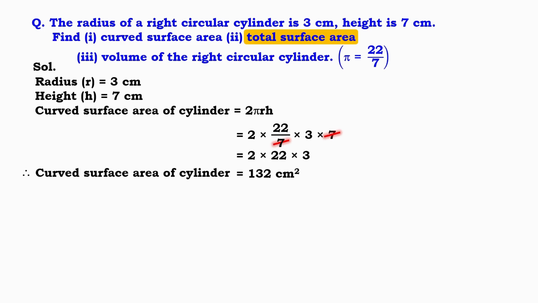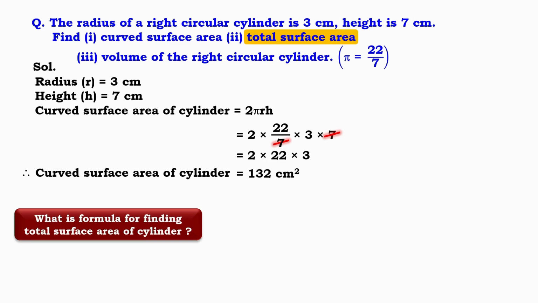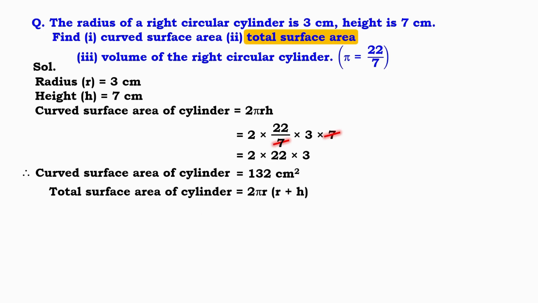Now we need to find out the total surface area of the cylinder. So what is the formula for finding the total surface area of a cylinder? That is equal to 2 pi r into r plus h. Now put all these values in the formula: 22 by 7, then we have 3 into 3 plus 7.